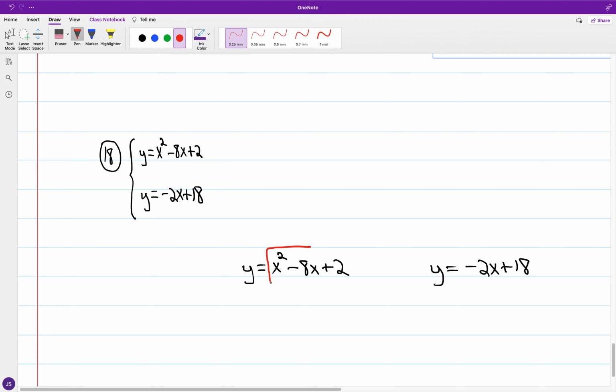Like for the first equation, we got y defined in terms of x as being x squared minus 8x plus 2. If I take this trinomial and substitute for y in the other equation, we'll have the other equation in terms of the variable x, where I can go ahead and solve for x.